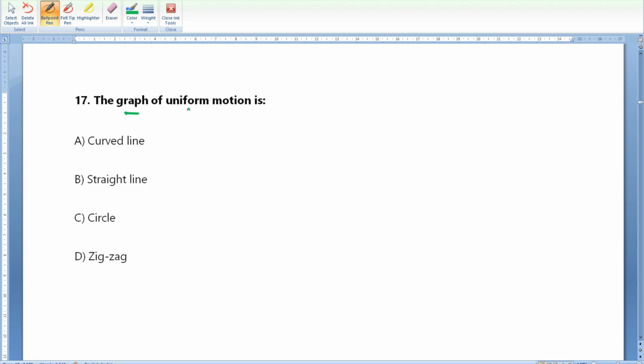The graph of uniform motion is a curved line, straight line, circle, or zigzag. In a distance-time graph, uniform motion is represented by a straight line because the object covers equal distances in equal intervals of time.